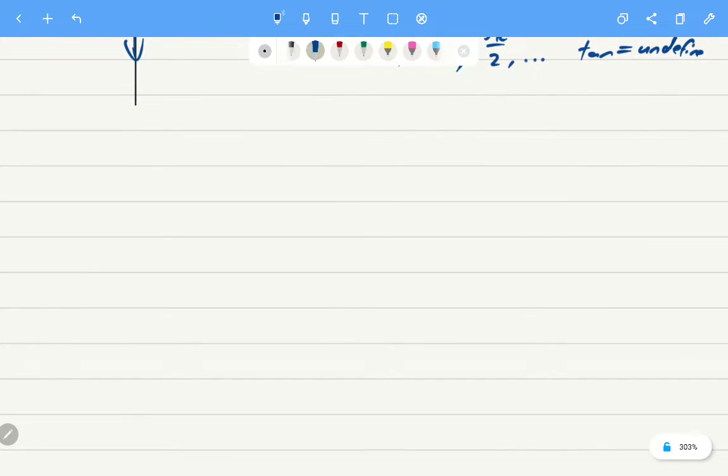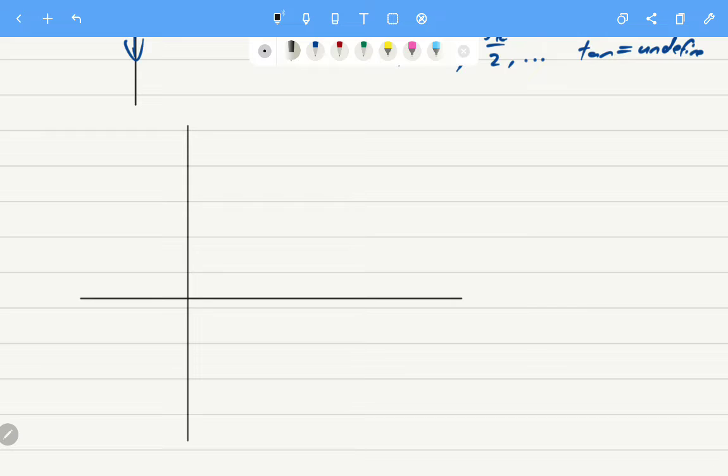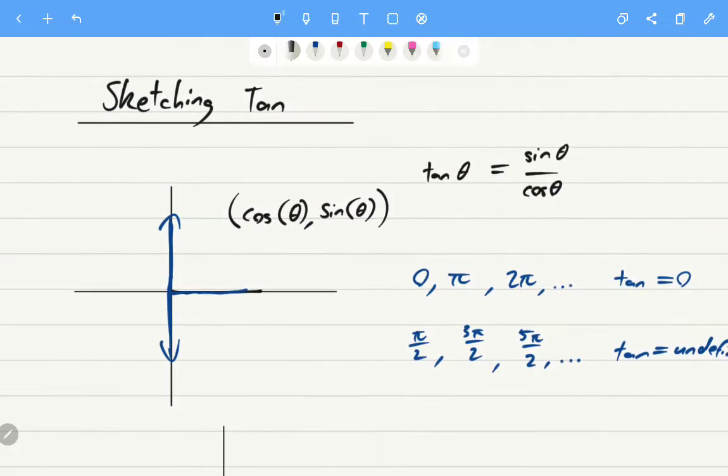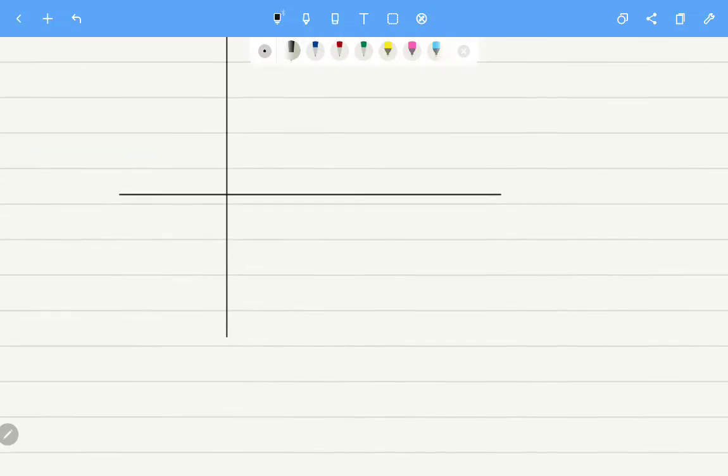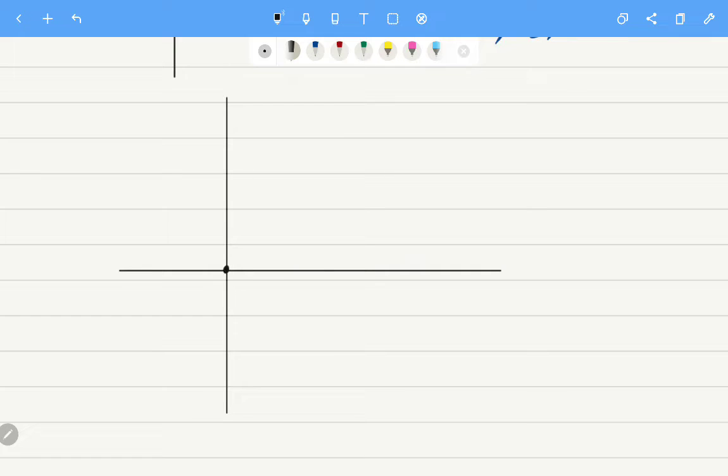Now the basic shape of tan is this one. It starts at, well, look, at 0, the line is flat, so it starts at 0, and then it has another 0 at pi, and another 0 at 2 pi.